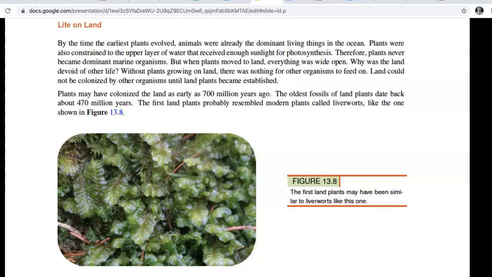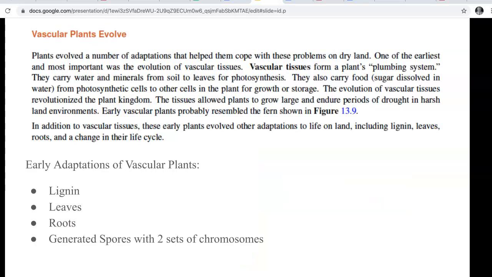So over the next couple pages of your text, they're going to talk about life on land and how plants evolved. That first paragraph there, plants may have colonized the land as early as 700 million years ago. So that was actually just before the Cambrian explosion. Think of a timeline when you're reading this. Vascular plants evolve.